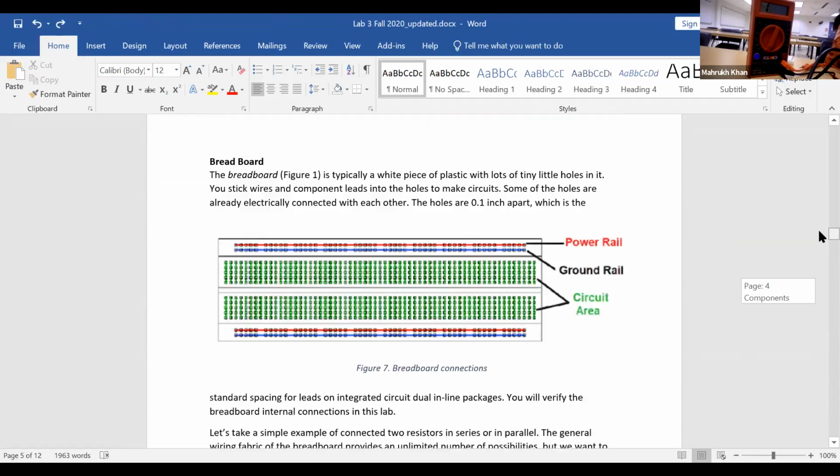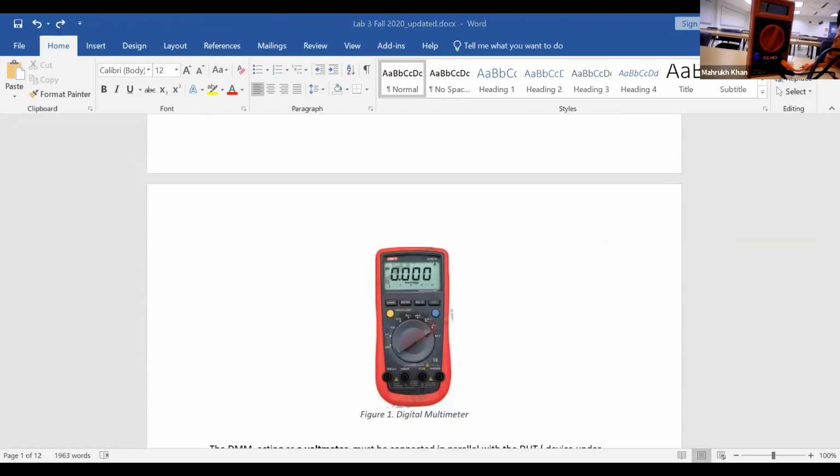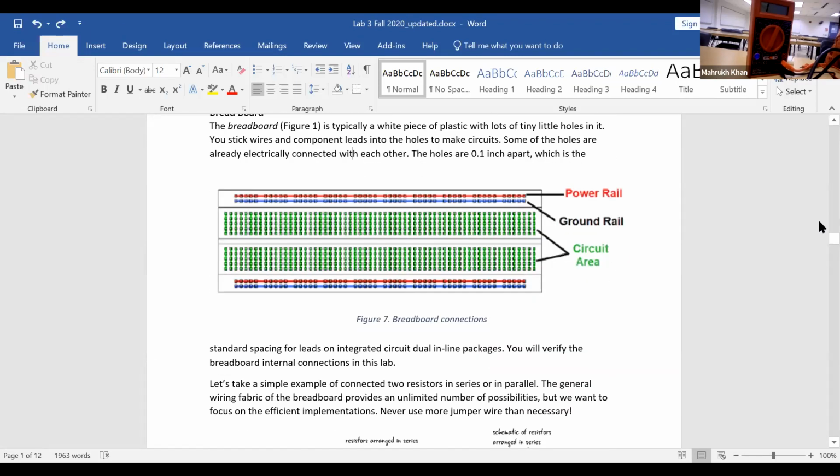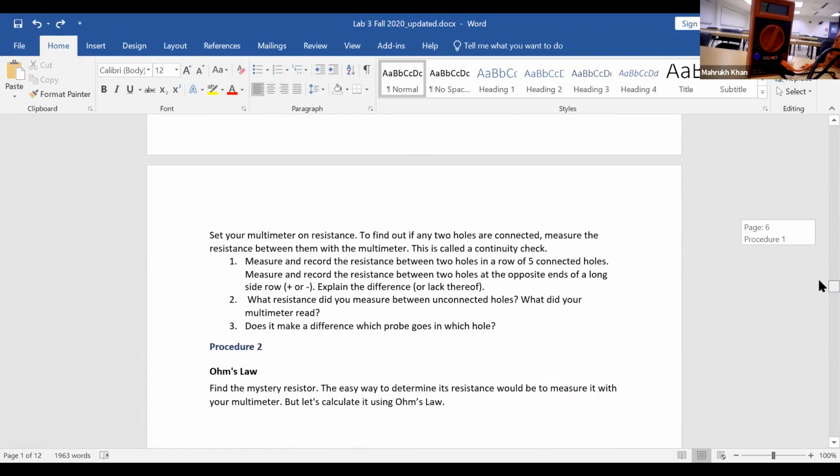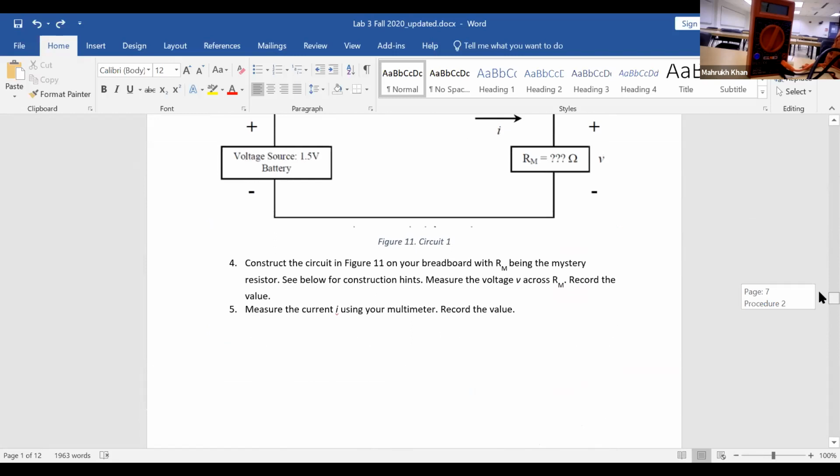I think I have changed the voltages because you cannot see 1.5 volt. Let me check that. So in your document, does it show 3 volts or 1.5 volts?